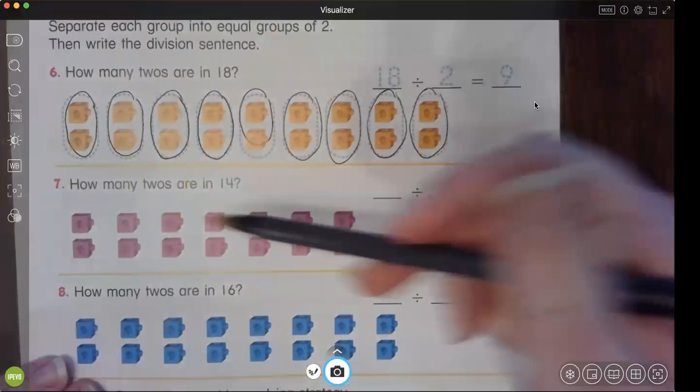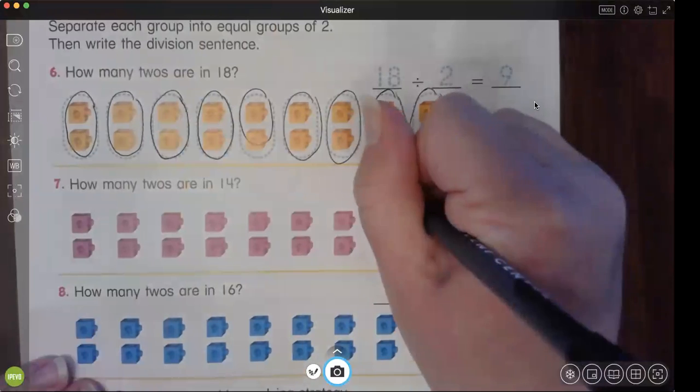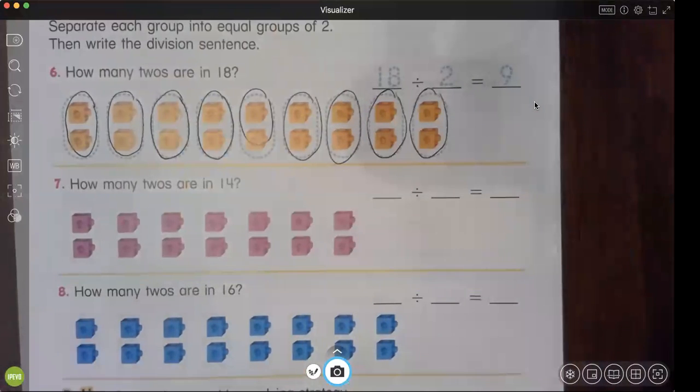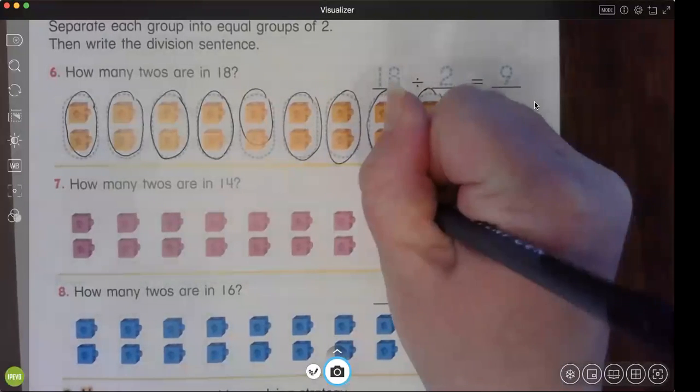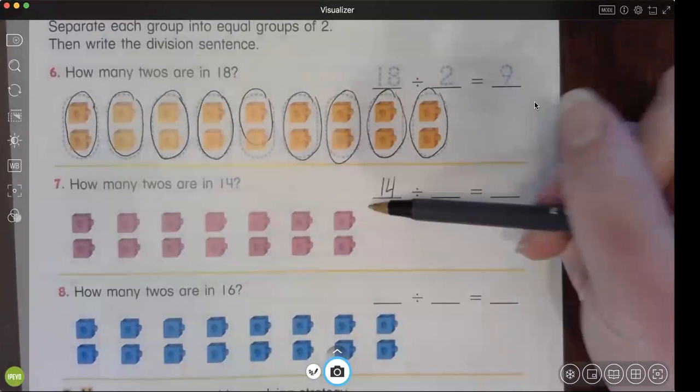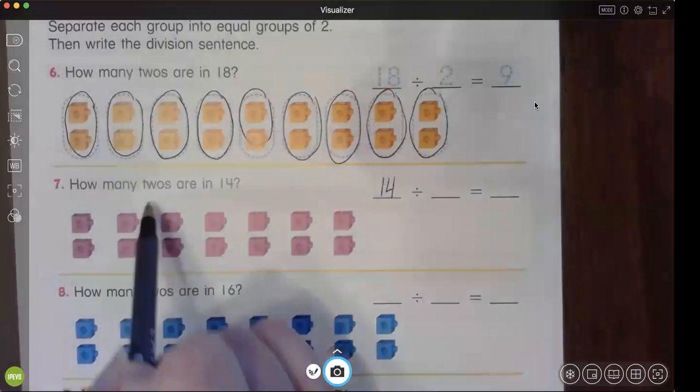All right, so how many 2's are in 14? So it's with division, just like subtraction, remember? Division and subtraction are kind of like brother and sister, okay? Just like subtraction, the biggest number is what you have to start with, right? So in division, the biggest number is what we have to start with. So we have 14. 14 needs to go first, and we want to split it into groups of 2.